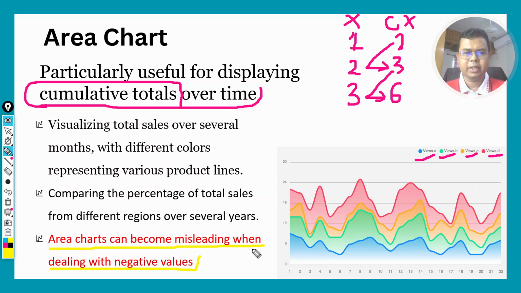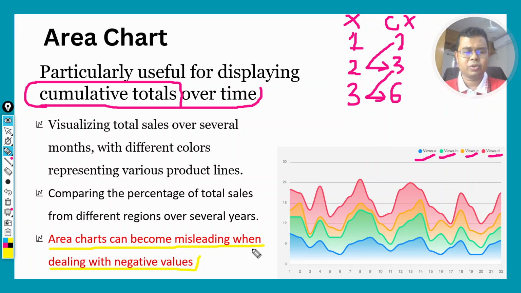For example, in winter, maybe the ice cream sale will decrease and the total revenue of ice cream sale will not be targeted. In that case, the value might be negative. So if you create an area chart, it could be misleading. So be careful about this.